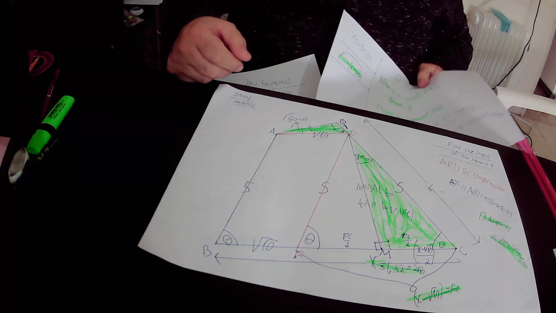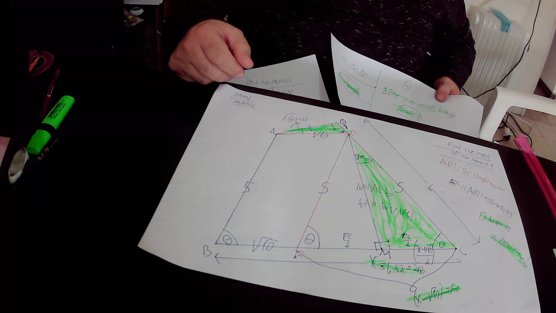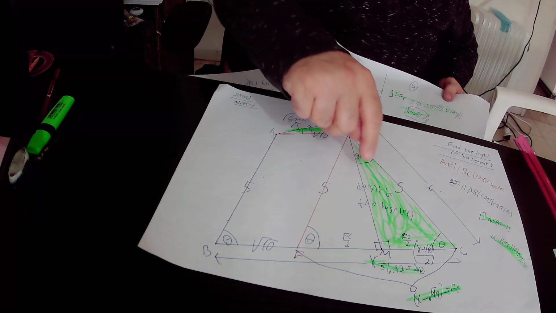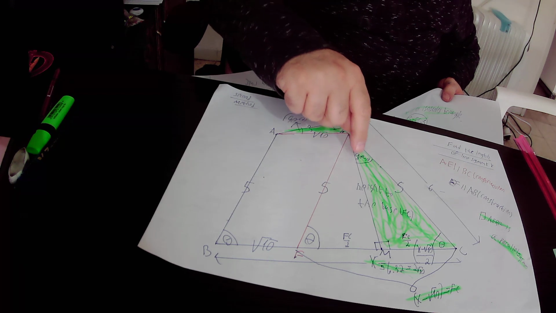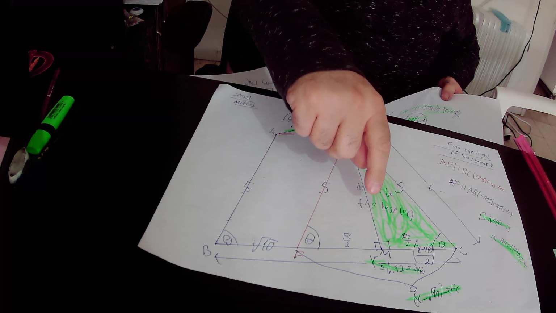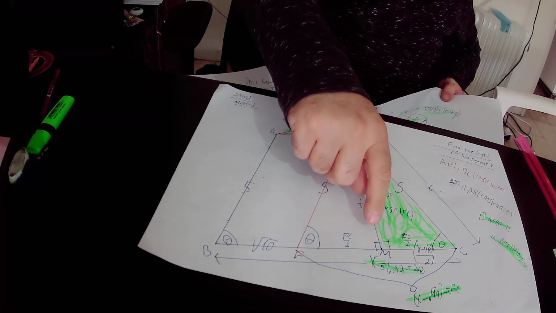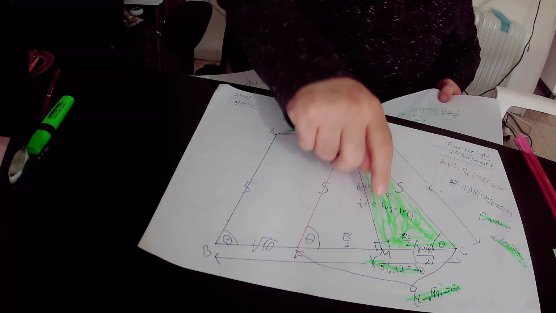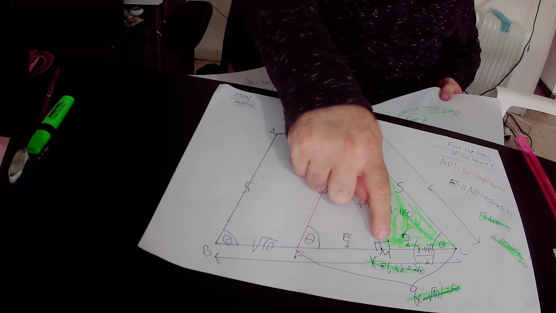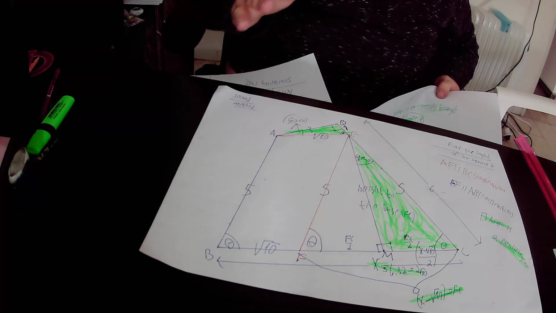And then we made a construction from point E with a perpendicular on FC. So EM is perpendicular to FC. So this angle equals 90 degrees and this angle equals 90 degrees according to our construction.